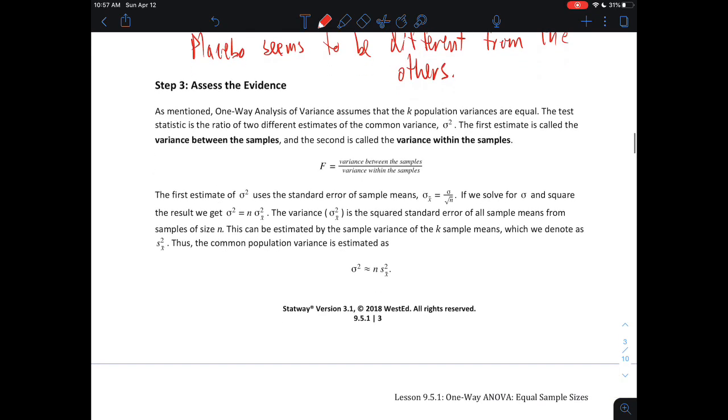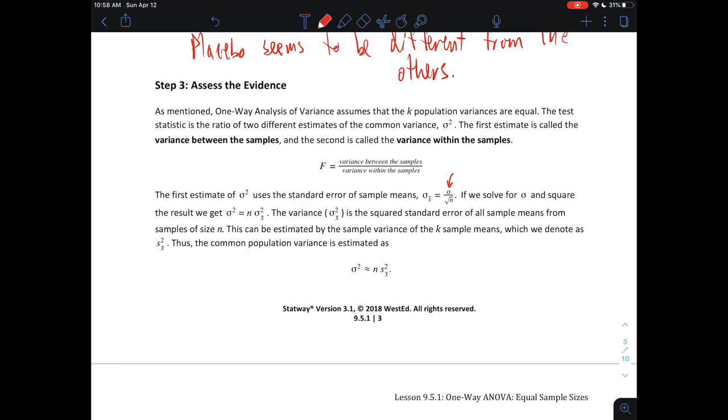The first estimate of sigma squared uses the standard error of sample means. That's symbolized sigma sub x bar. That's the standard error of sample means, and that's equal to sigma divided by the square root of n. If we solve for sigma, meaning the symbol that's in the numerator of this fraction, and square the result, we end up with sigma squared equals n times sigma squared sub x bar.